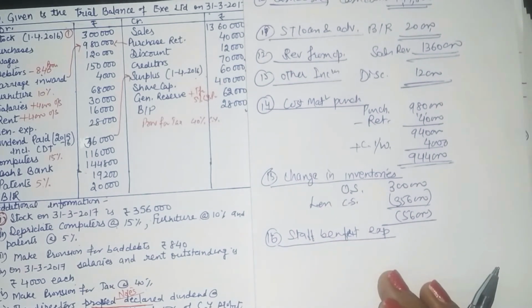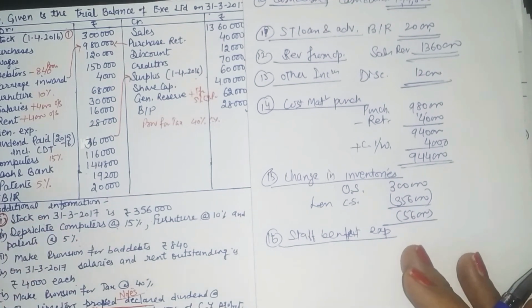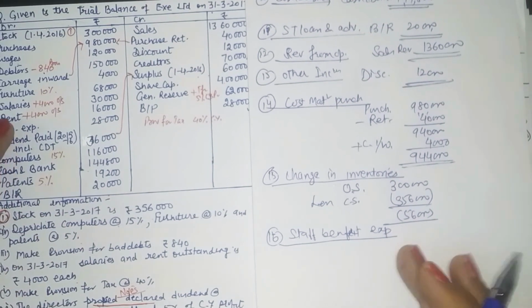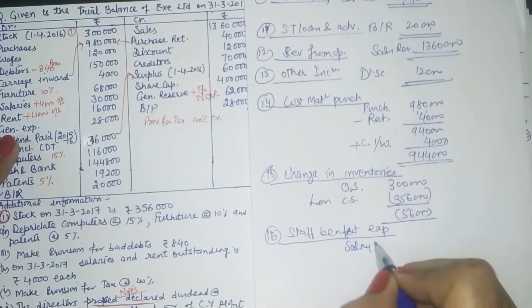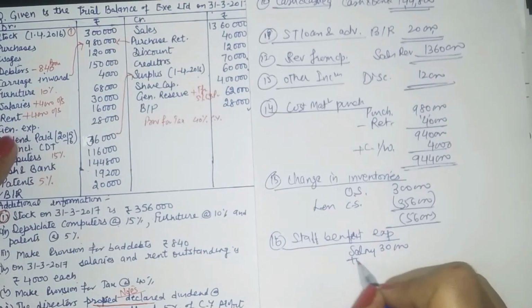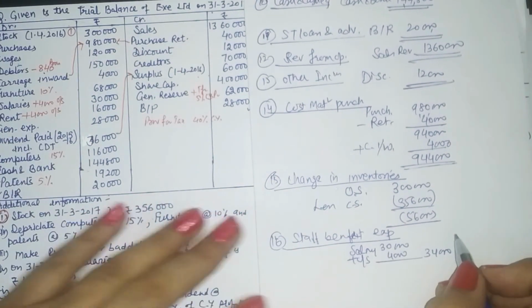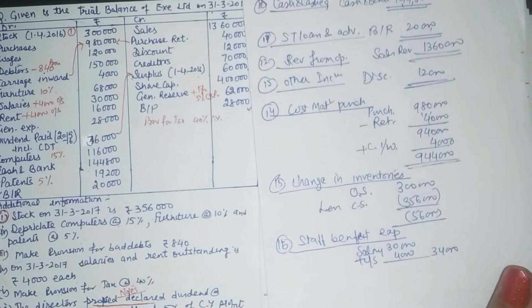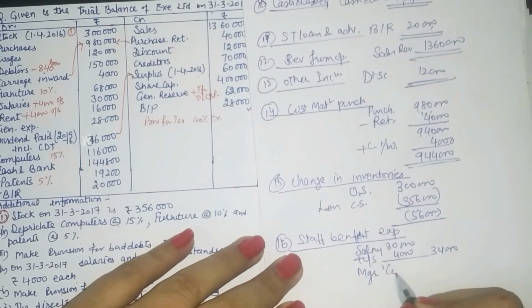But usually they are on the payroll, so if nothing is given, directors' amounts are included here. So staff benefit expenses will include, if we look here, salary 30,000 plus outstanding salary 4,000, so 34,000. All right. Now next is manager's commission, managing director or manager's commission.